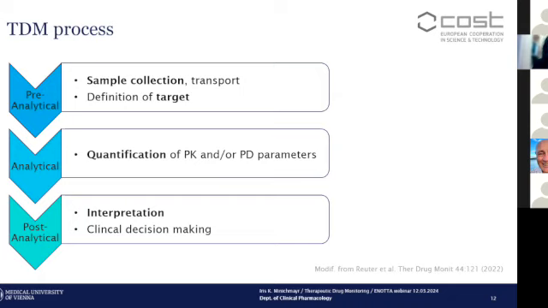And the post-analytical phase involves the interpretation of TDM results to ultimately inform dosing decisions. In the following part of this webinar, I would like to highlight different challenges in each of these phases and also limitations of this traditional TDM approach.